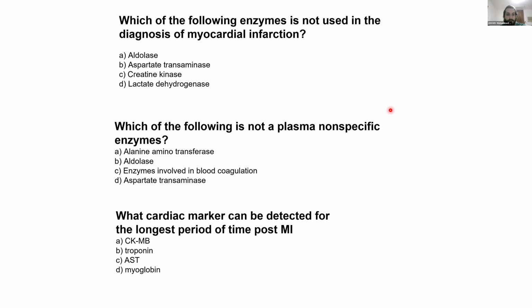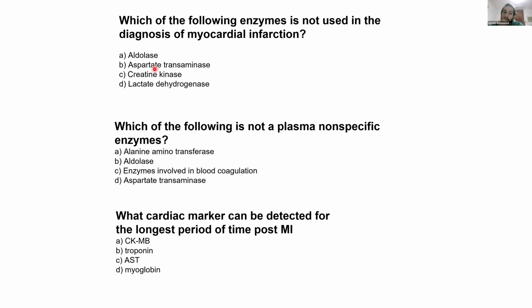Okay. So first, which of the following enzymes is not used in the diagnosis of an MI? We mentioned LDH can be used. Creatine kinase, CKMB isoenzyme is used in diagnosis. Aspartate transaminase is also increased in liver and can be seen in cardiac and skeletal muscle.